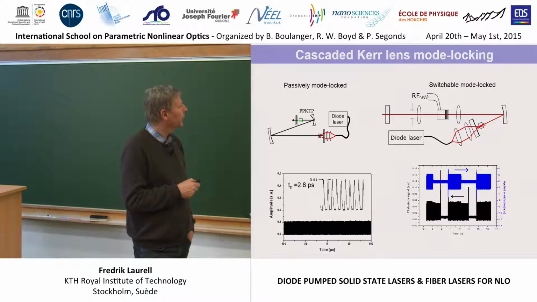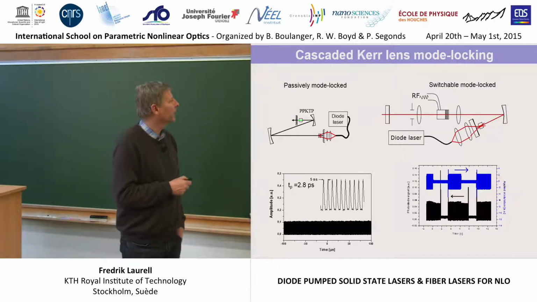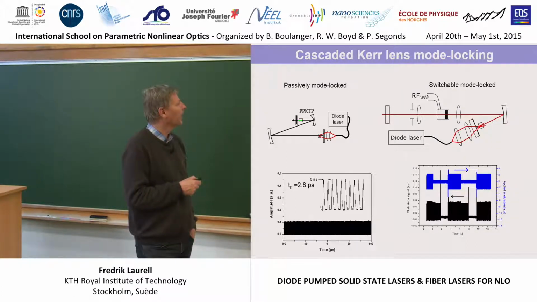So if we put such a PPKTP for frequency doubling in the cavity of a yttrium vanadate laser, and we operate this one off the phase matching and put the intensity right in that, it means that in the forward direction we generate visible, and then in the backward direction we convert it back with a phase shift.